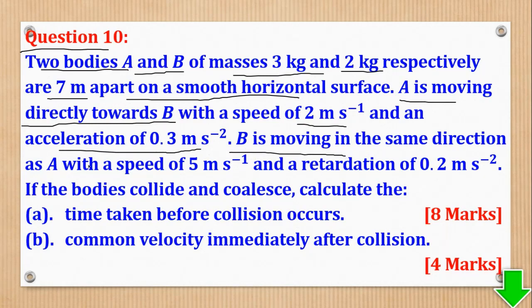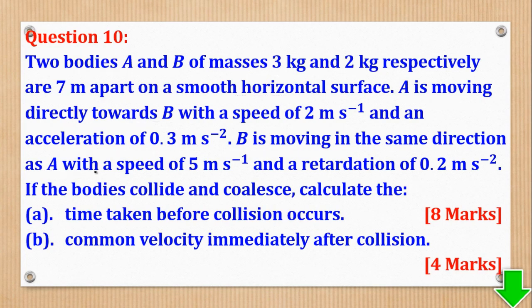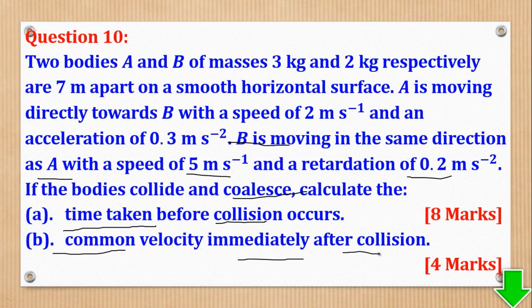B is moving in the same direction as A with a speed of 5 meters per second and a retardation of 0.2 meters per second squared. If the bodies collide and coalesce, calculate part A, the time taken before collision occurs, and part B, the common velocity immediately after collision.